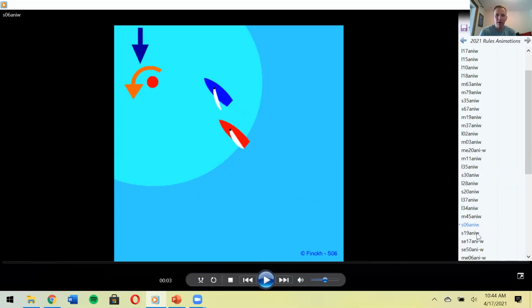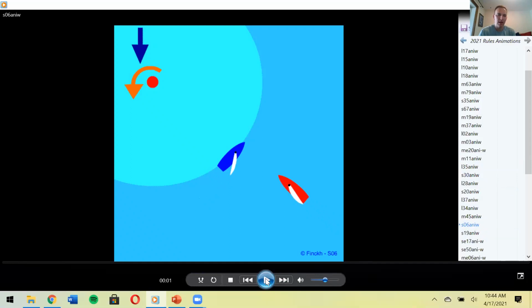Here, blue hit the zone and then tacks. Now blue doesn't have mark room, even though blue is clear ahead, because blue came head to wind inside the zone.